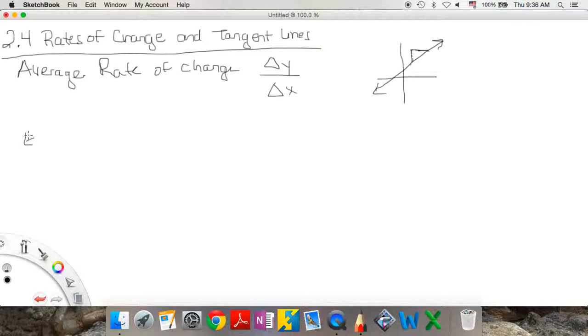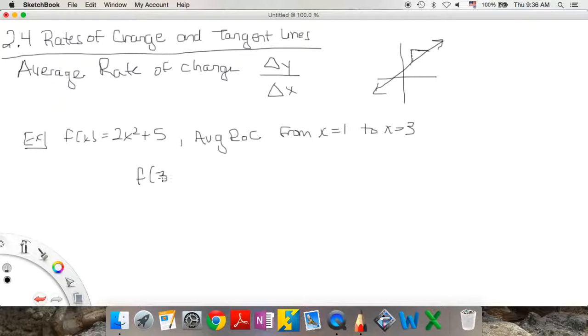So for example, if we have a function 2x squared plus 5, and we want to find the average rate of change from x equals 1 to x equals 3, then all we need to do is find the delta y, so f at 3 minus f at 1, over the delta x, 3 minus 1.